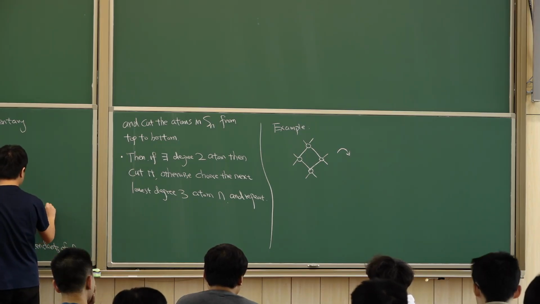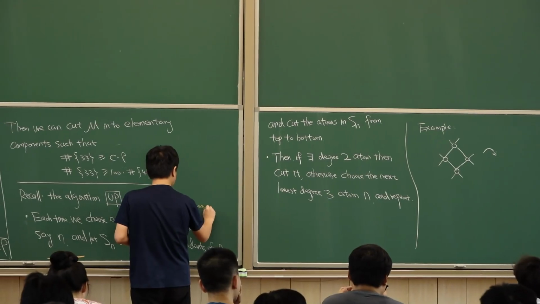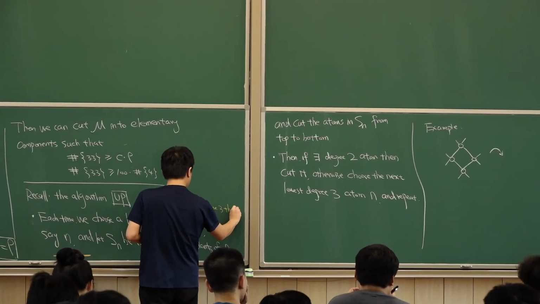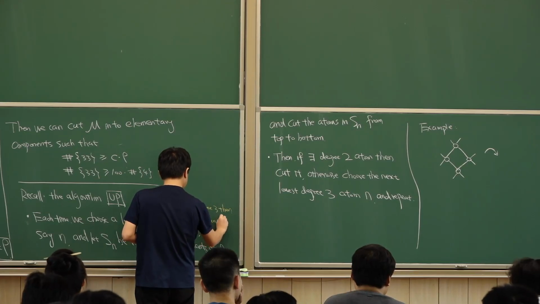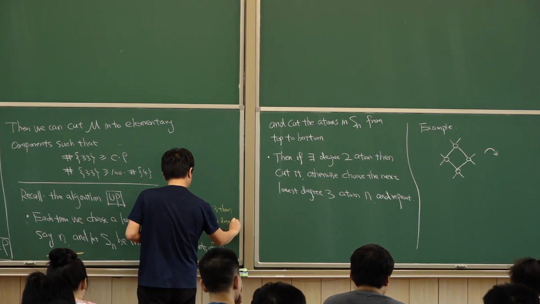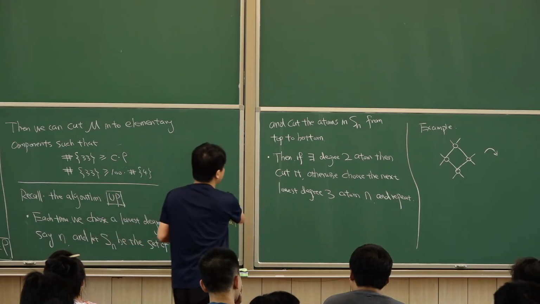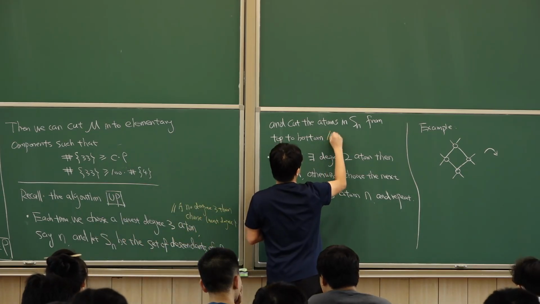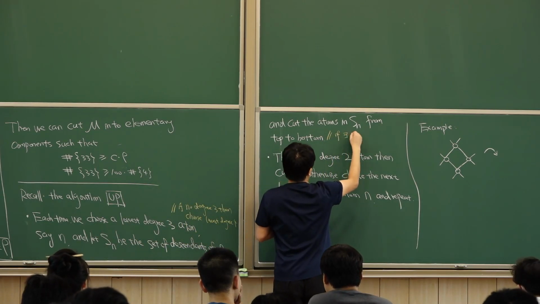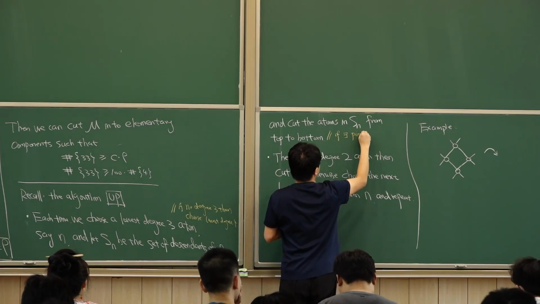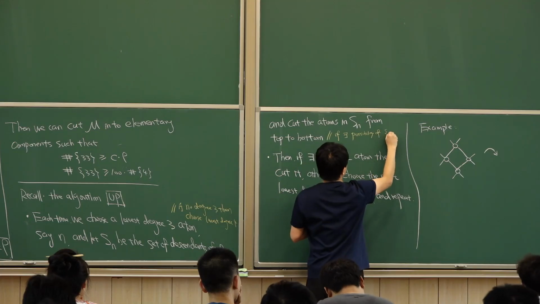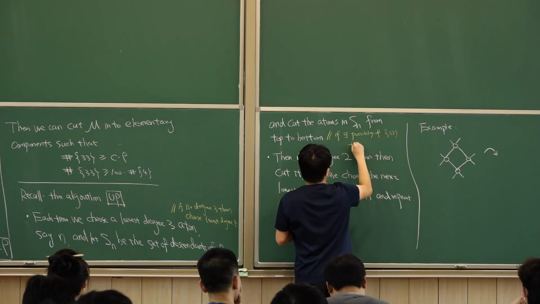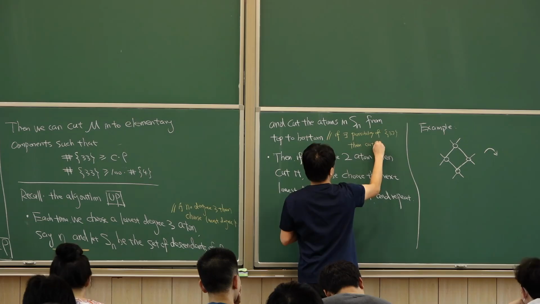If no degree 3, then choose the lowest degree 4. And here we also mentioned that if there is a possibility of 3, then cut it.